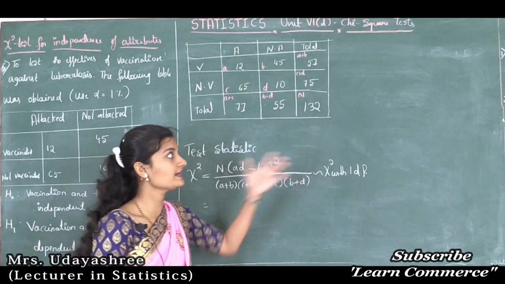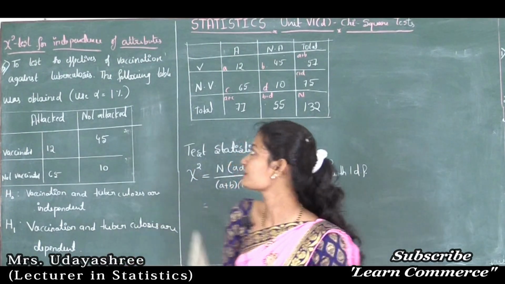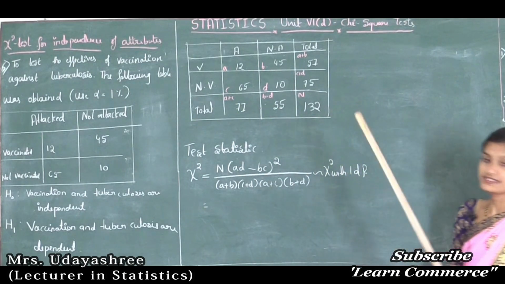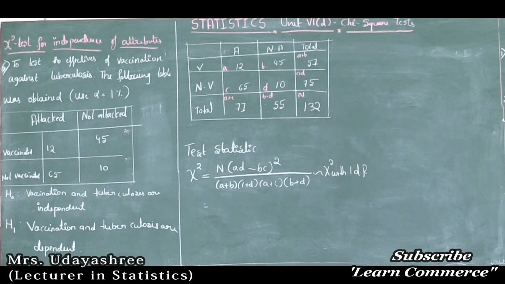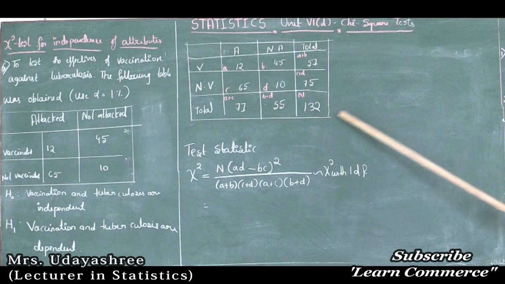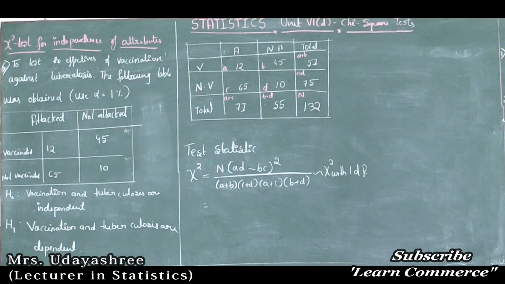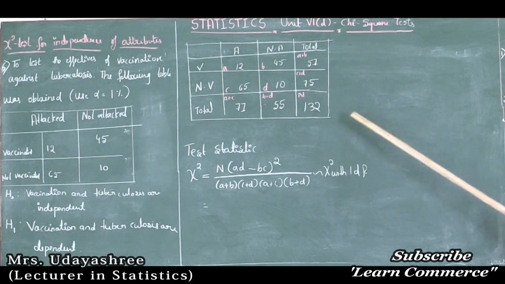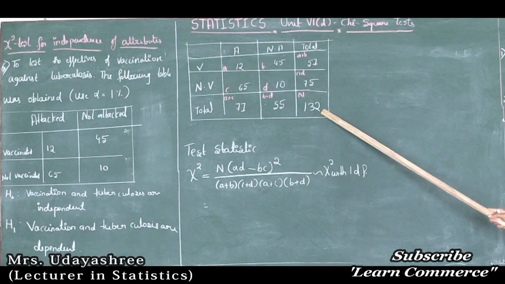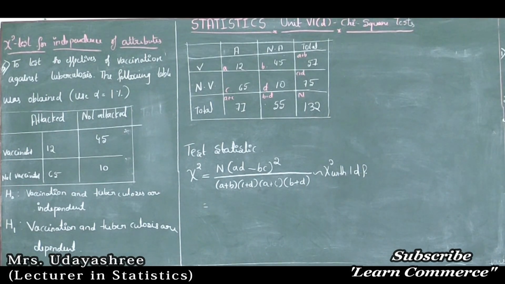Before that, let's see the conditions of the chi-square test for independence of attributes. The first condition: the total frequency N should be large, that is greater than or equal to 50. In this problem N is 132, which is large, so the first condition is satisfied.